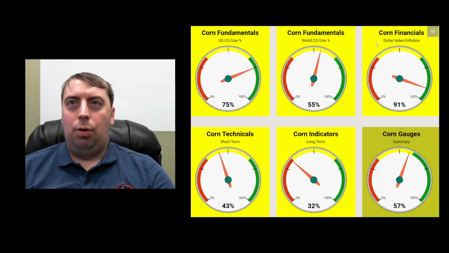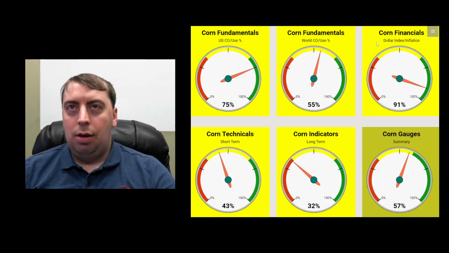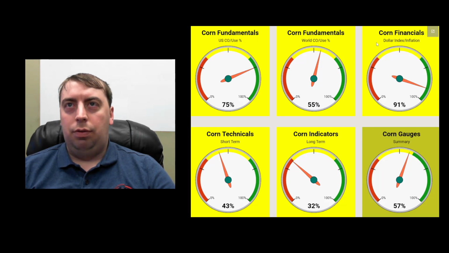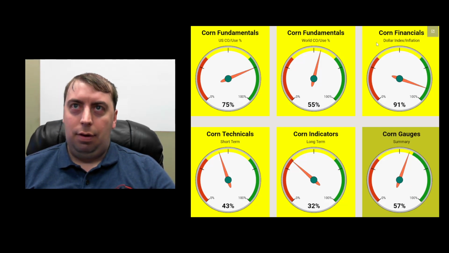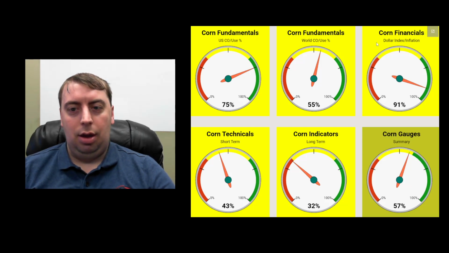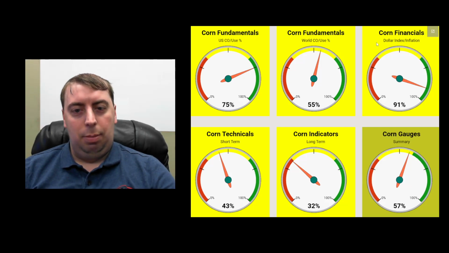Then we have a corn financials confidence gauge. It takes a look at dollar and inflation and compares today's price with that financial situation to financial situations in the past and where today's price compares to those prices in the past.